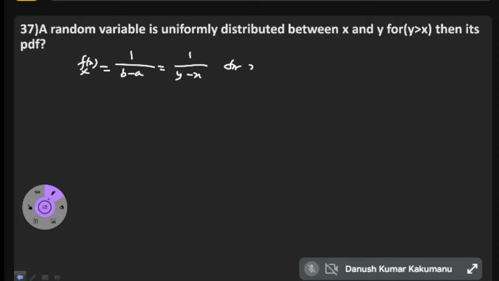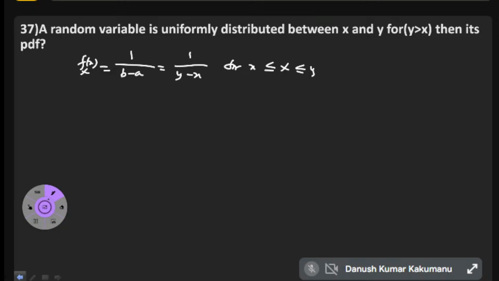X less than or equal to capital X. This capital X is the random variable, and small x and small y are the sample points. Is it clear to all of you? No confusion? 1 by y minus x.